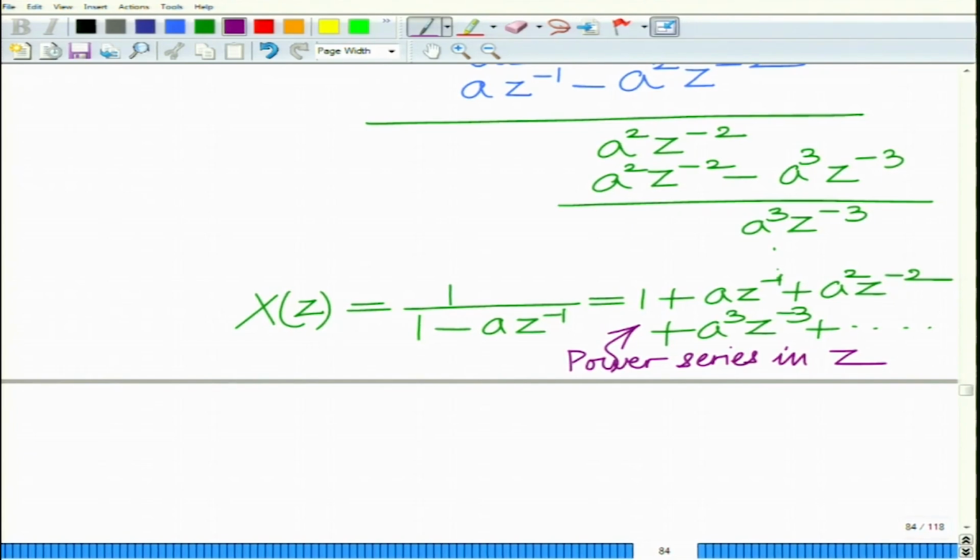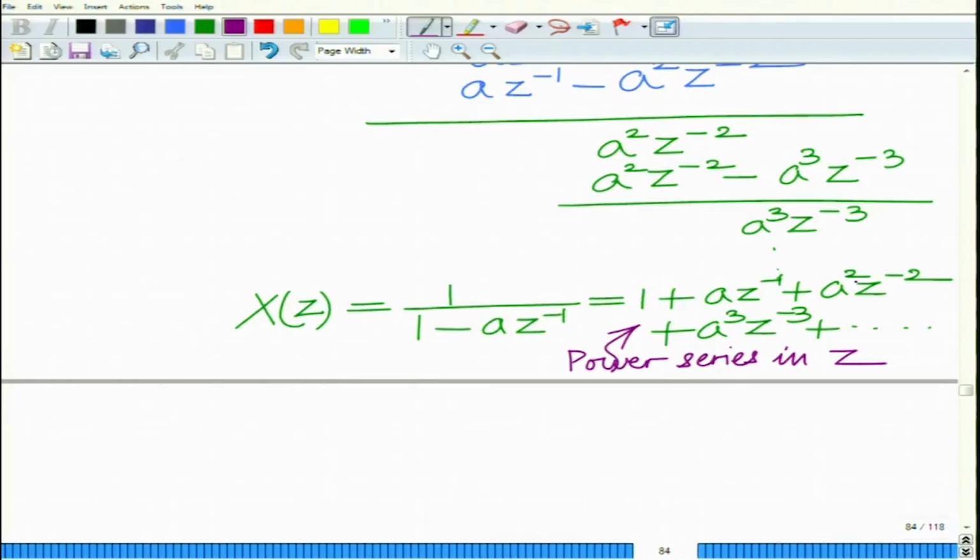It follows that the sequence x n is a raised to n z raised to minus n for n greater than or equal to 0, and therefore the sequence is a raised to n u n. That is, for n greater than or equal to 0, it is a raised to n.